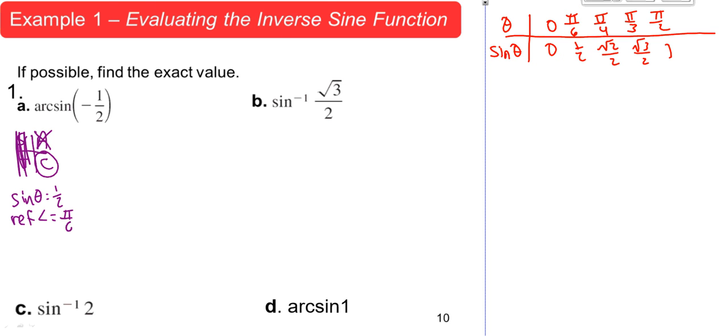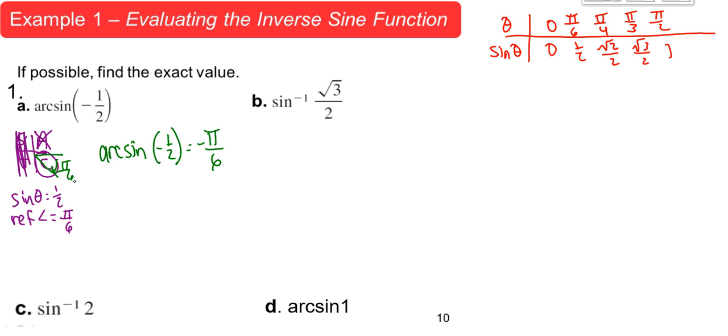And since it's down here, that means my answer is going to be down here. So that means that the arc sine of negative 1/2 is negative pi over 6 because we had to go down from there.